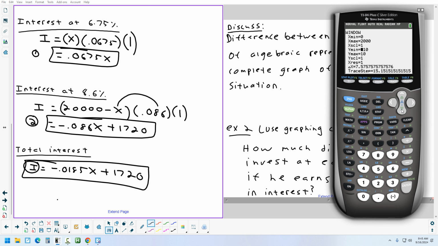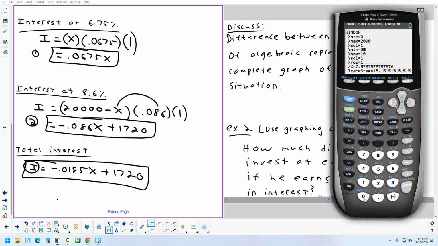Y is the money, or the interest that you make. What types of numbers would you not want to use for y min? Yeah, negative. We don't want to use negatives. That wouldn't make sense here.